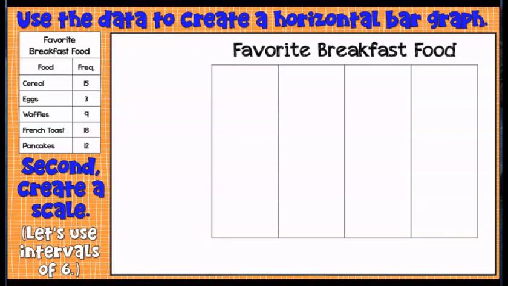But last time when I did my intervals, I went vertically because my table went vertically. But now I'm not going vertically, I'm going horizontally. So my intervals are not going to go along the side that goes up, I'm going to go along the side that goes out. And you can see them right here. And again, we start at 0.